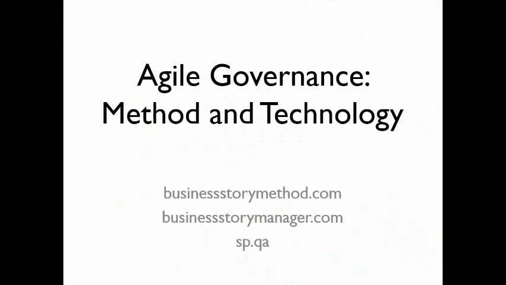Now most of what I'm going to speak about is mentioned in the Business Story Method pocketbook, which you can download, the links there, and I'm going to talk about the technology that we've created to support these ideas. I have to say that the whole notion of definition and assurance are core to the way we do business now and what our vision is for the future of both the services we offer in requirements and testing and the technologies that we're creating.